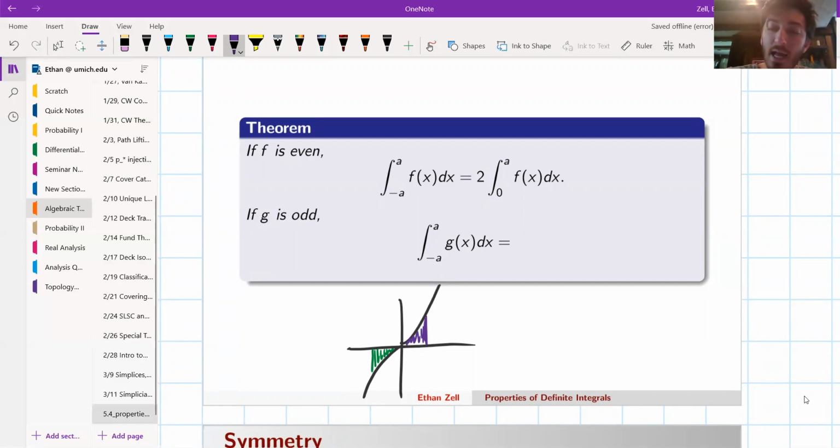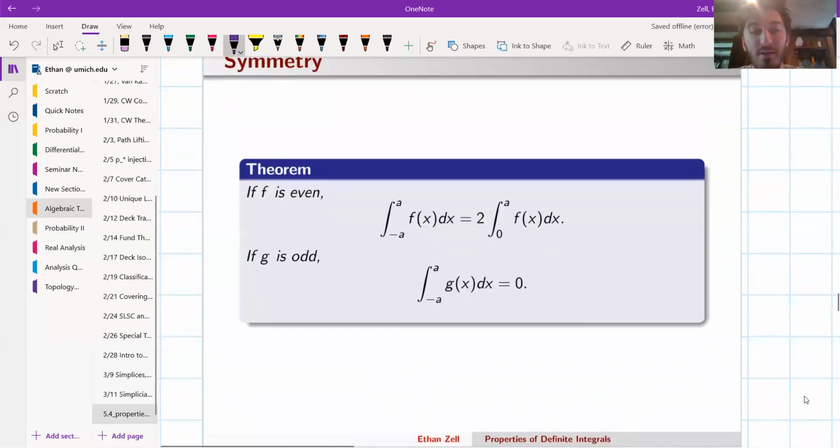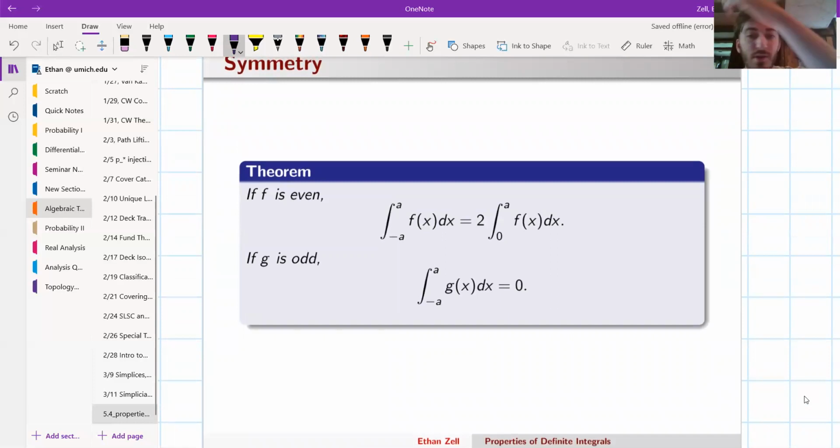So in the even case I had green plus purple. Now I have purple minus green, right? And that means that because these are the same size and they're counted with opposite sign, we should get a 0 here. So that's the power of even and odd functions under the integral.